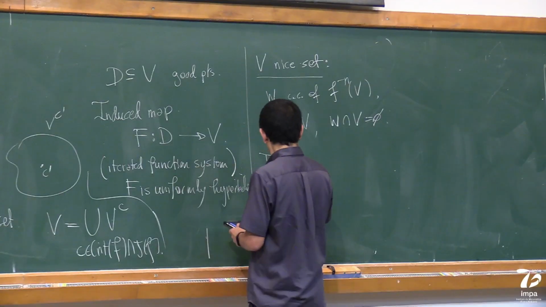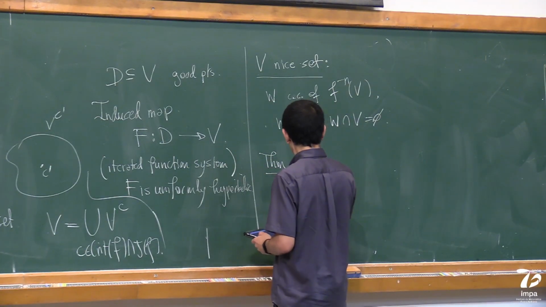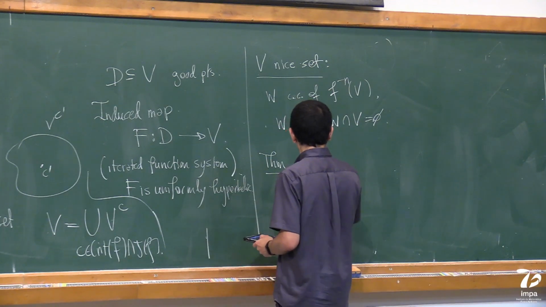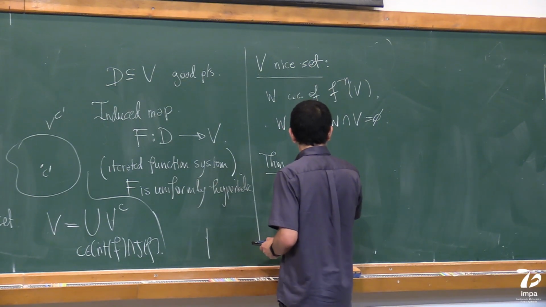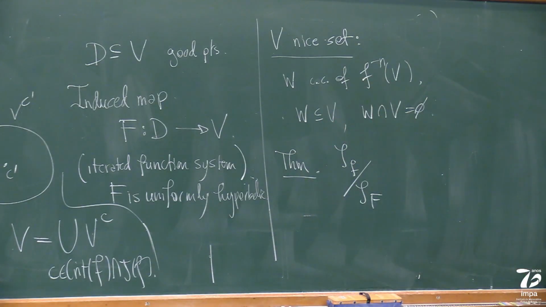So roughly, one of the steps in the proof is the following. You consider the quotient between the Ruelle zeta function and the Ruelle zeta function of the induced map.